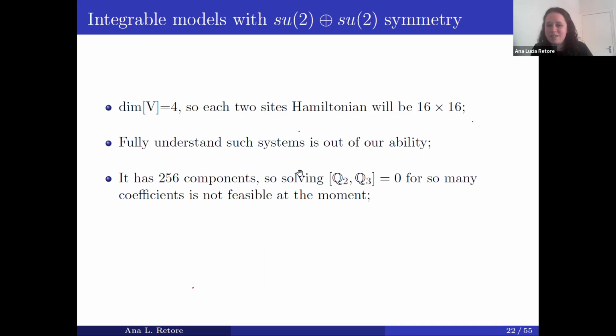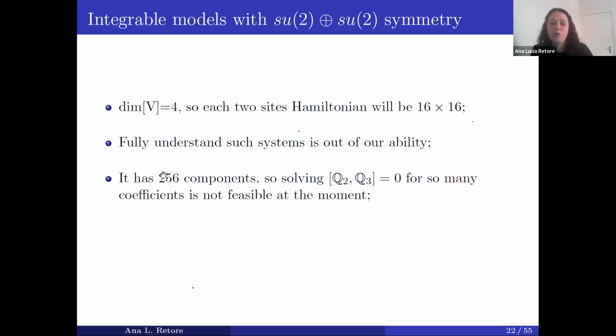Oh, this is difference form, by the way. This first example will be difference form, so the Hamiltonian is constant. No derivatives, no differential equations to solve in the Q2, Q3 step. It's just a set of cubic polynomial equations to solve in Mathematica.